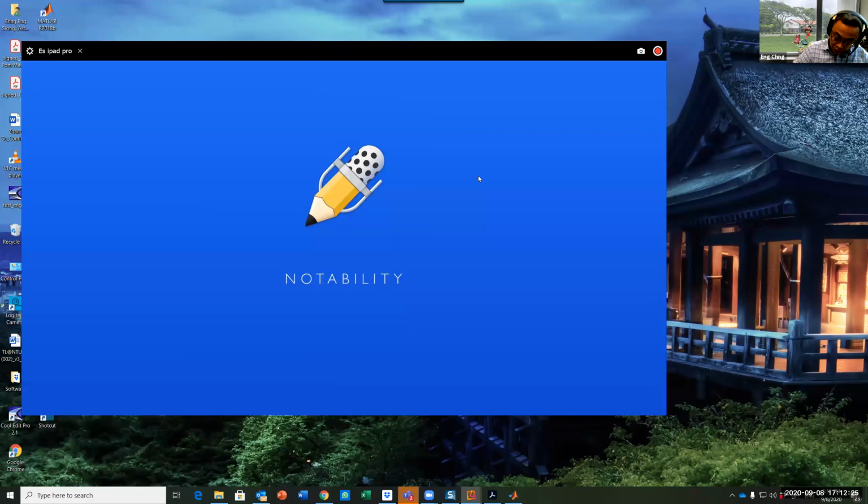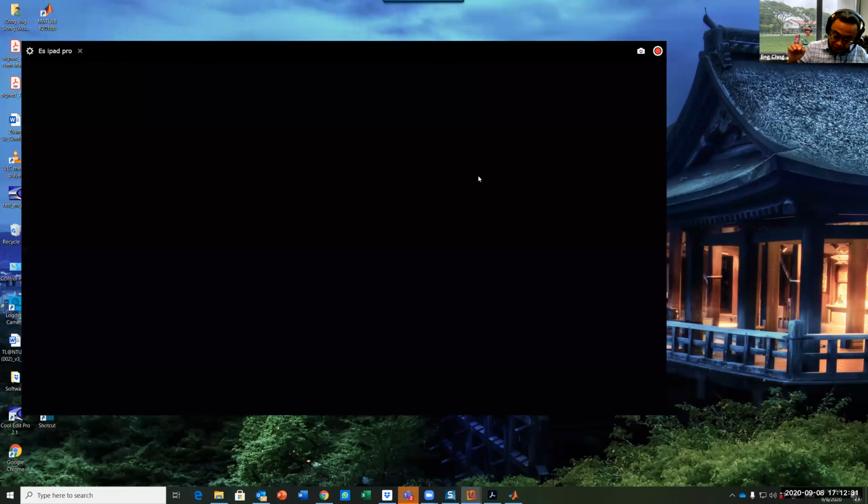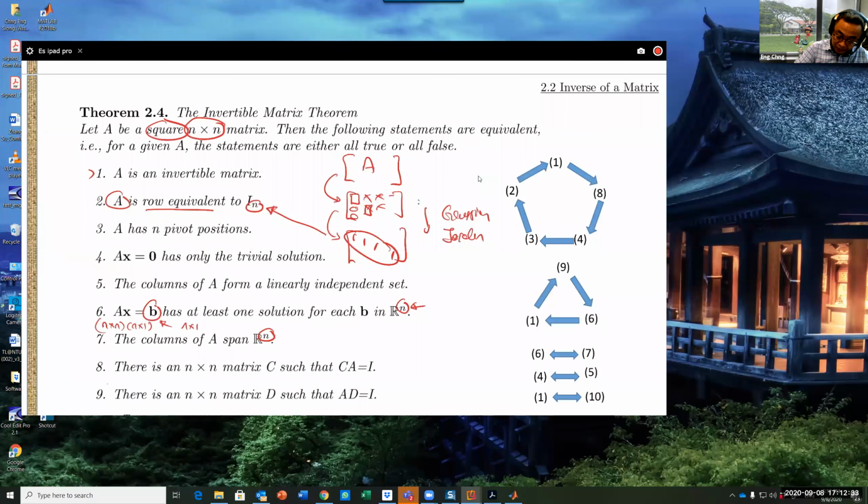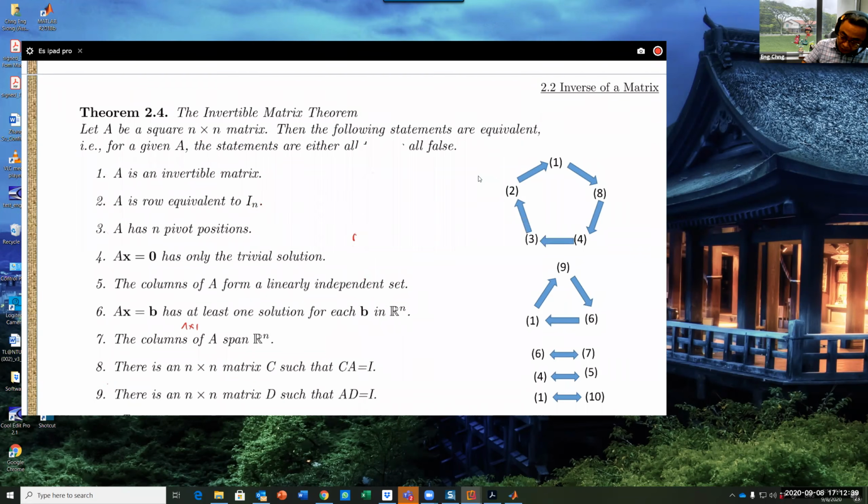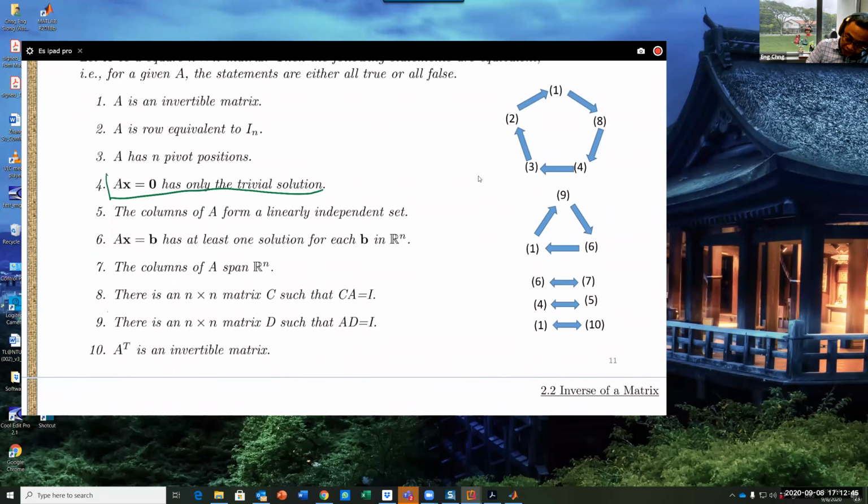Now, if you go to the invertible matrix theorem, let me find this one. Yep. The problem is this one. When it has a trivial solution, it has at least one solution, and in fact, it is a unique solution.